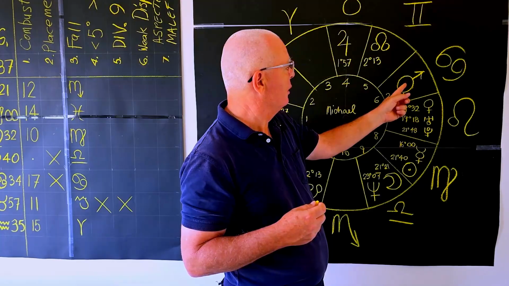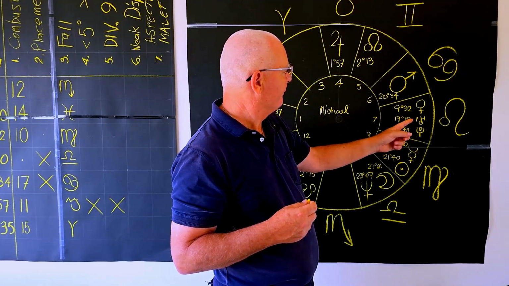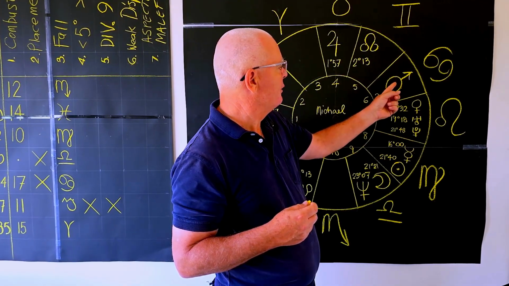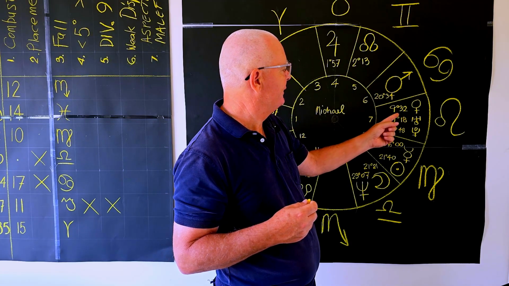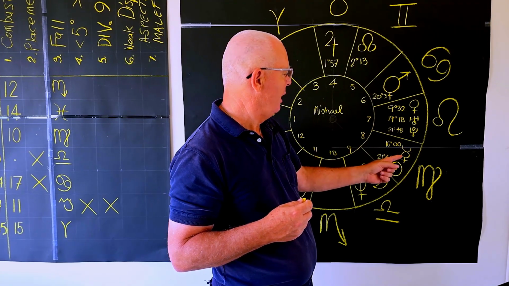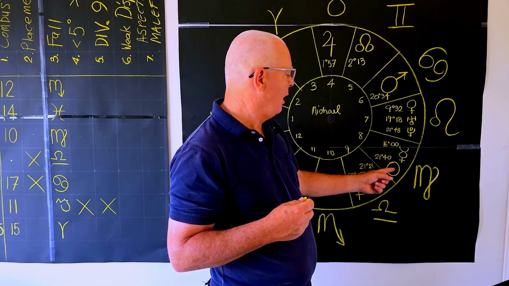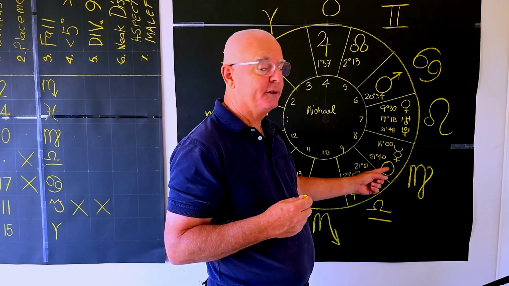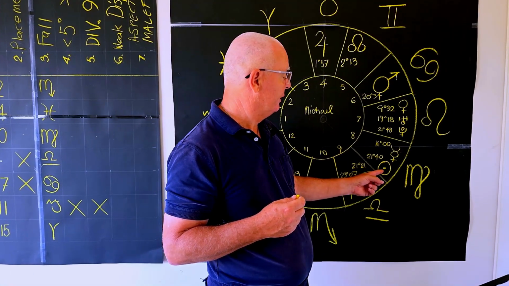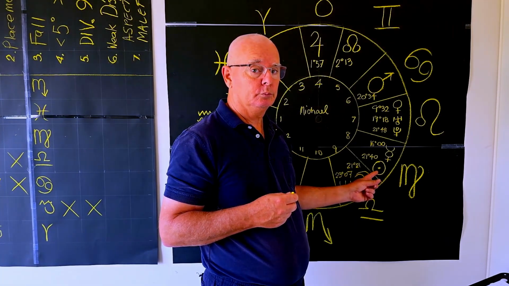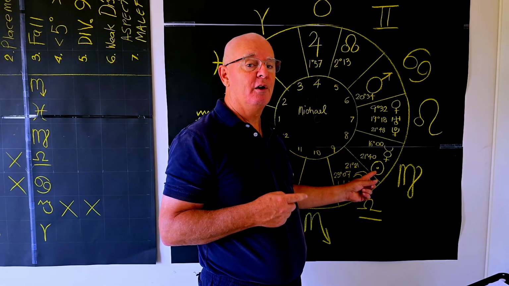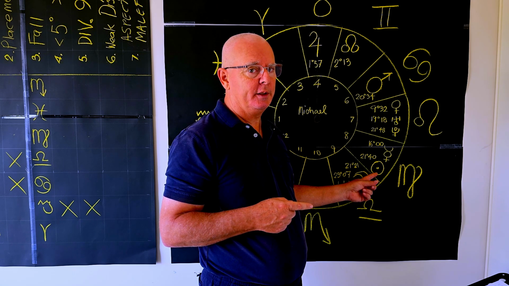Mars has a ruler, the moon, the dispositor. The ruler of Venus's house is the sun, and the ruler of the sun's house is Mercury. Mercury's weak from combustion, serious weakness.